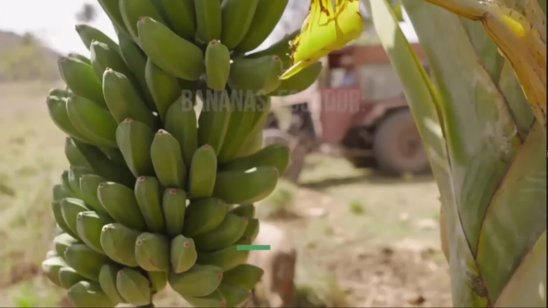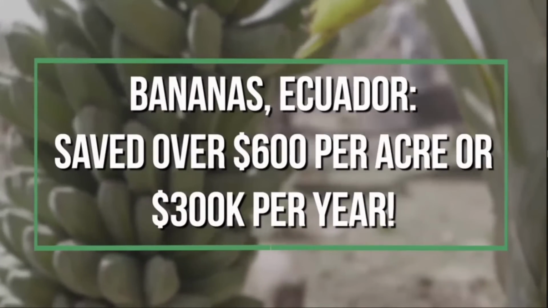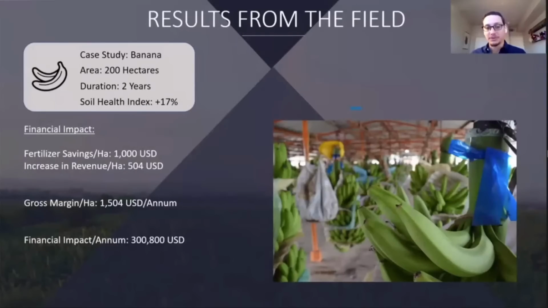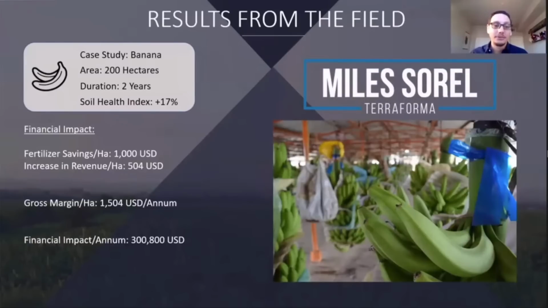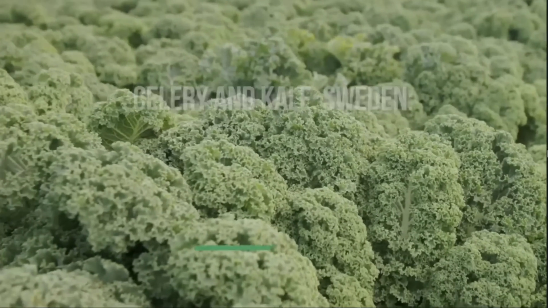If we look at the fertilizer savings across 1 hectare, we're looking at about $1,000 in savings. And then when we look at the increased revenue from the yield increases, we're looking at about $504. So the gross margin was increased by about $1,500. And then if you extrapolate this over 200 hectares, we're looking at about $300,000 over the course of any given year. You can see the average again, 72%.